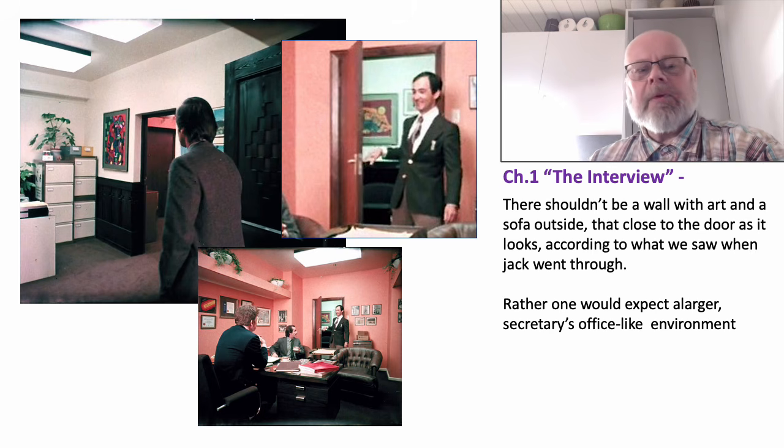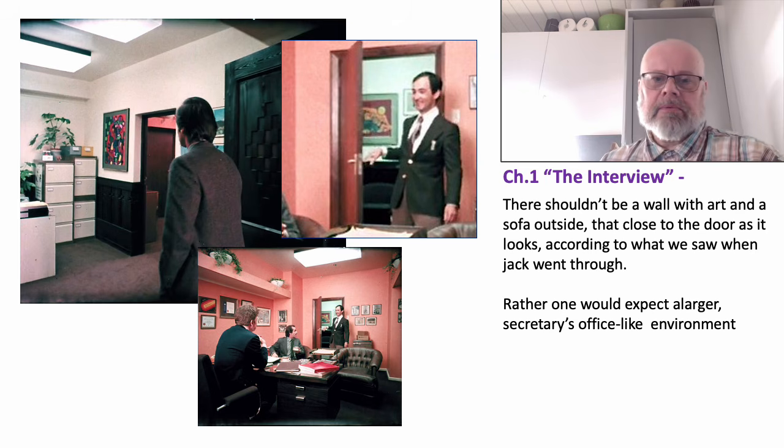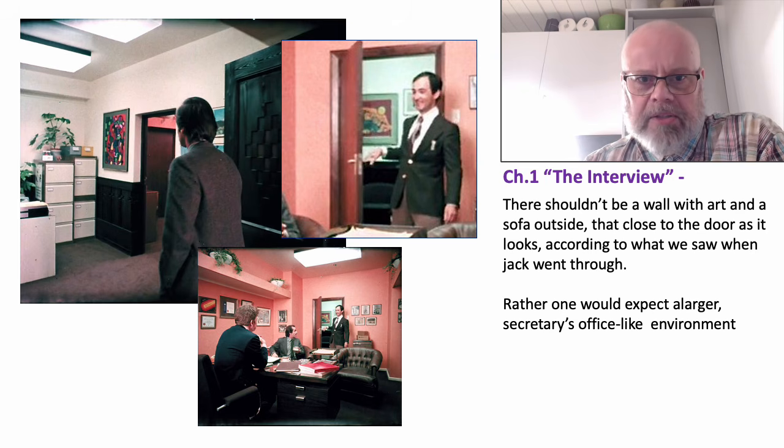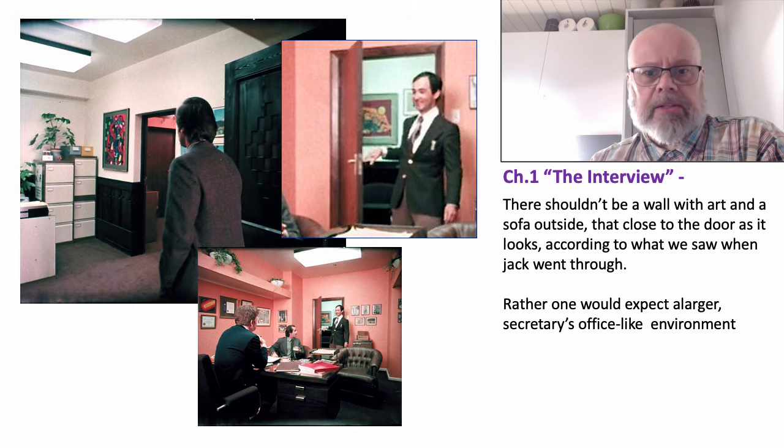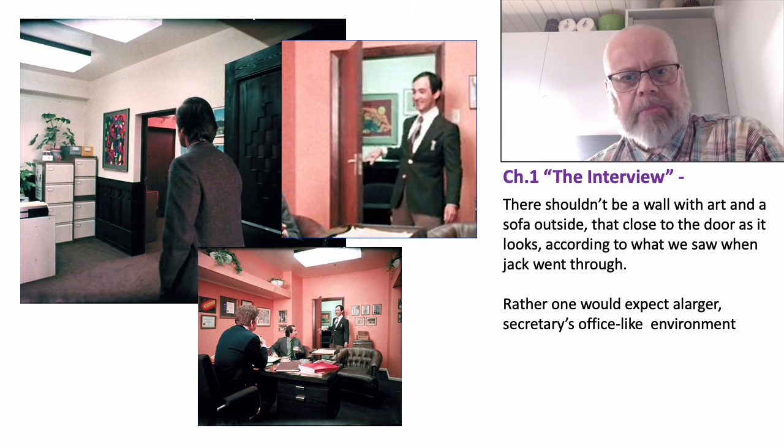Okay, so we are flying back into the Overlook, right? And then Bill Watson arrives through the door. But there shouldn't be a wall there. If you look outside in the hall he arrives from, there shouldn't be a wall of art with a sofa, whatever it is out there, that close to the door, as it looks according to what we saw when Jack came through it, right?